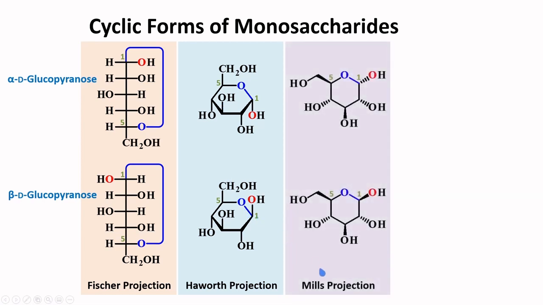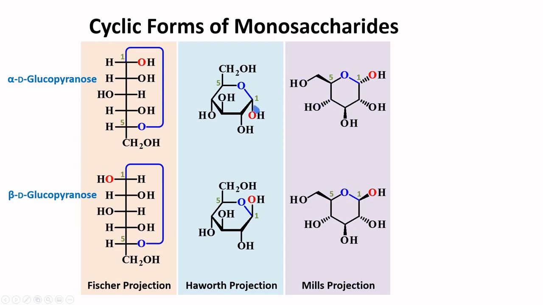Another type of projection is called the Mills projection, which also uses a hexagon. The difference here with Haworth is that the Mills projection uses the wedge and dashed lines to represent bonds that are oriented closer or far away from the viewer.